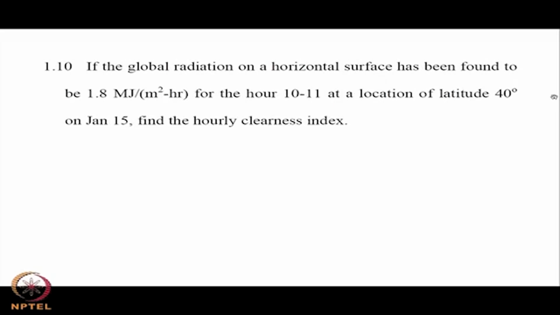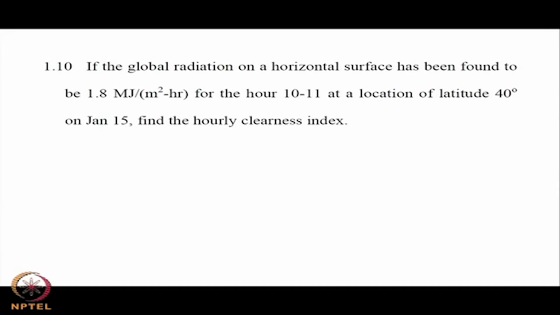So, now we go to the next problem 1.10. If the global radiation on a horizontal surface has been found to be 1.8 megajoules per meter square hour for the hour 10 to 11 at a location of latitude 40 degrees on January 15, find the hourly clearness index.